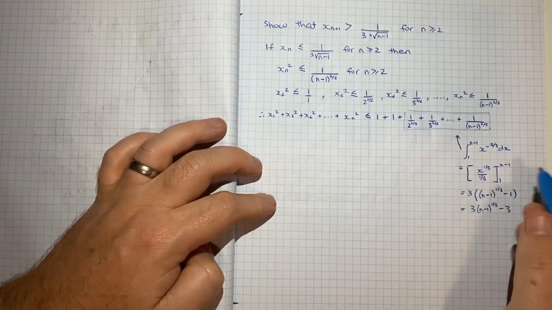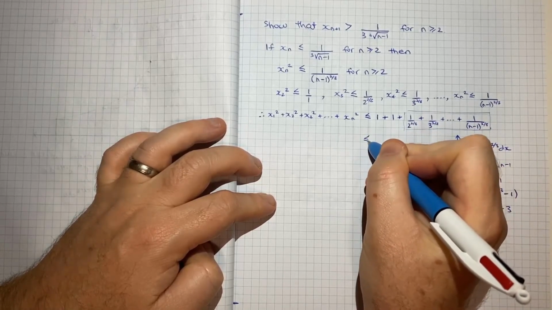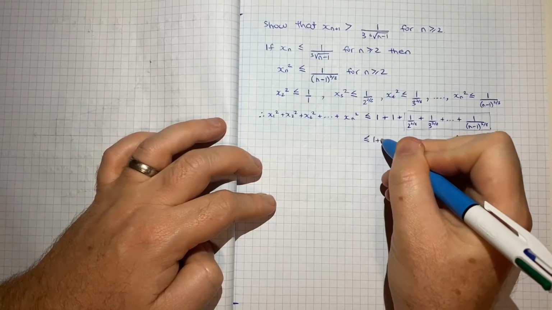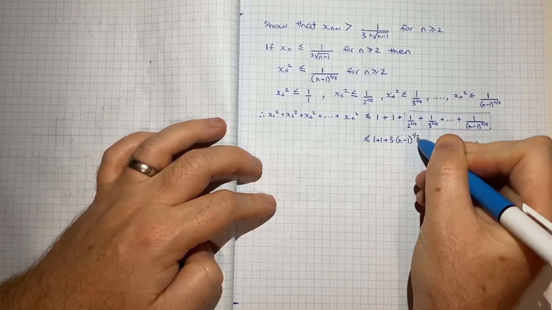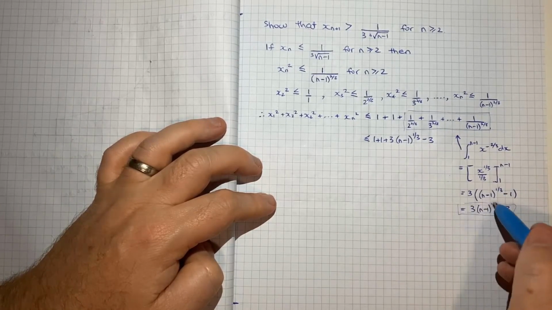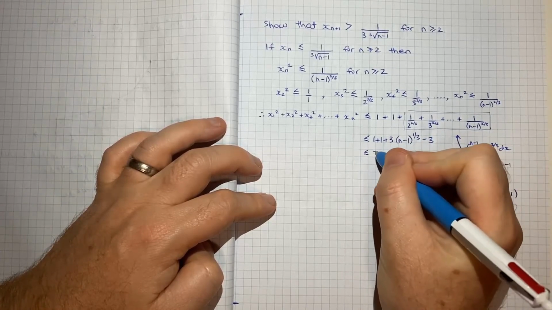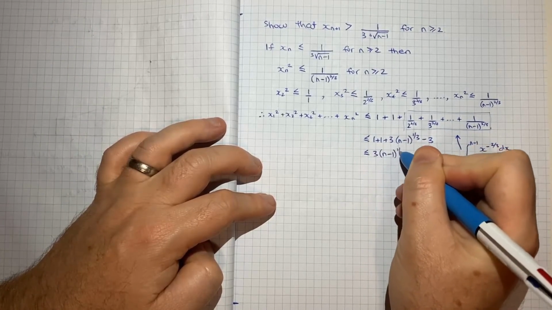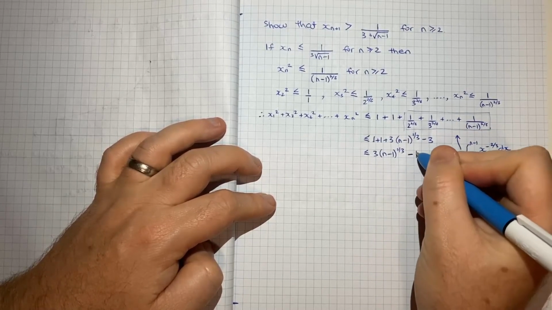So therefore we can say it's less than or equal to 1 plus 1 plus 3 n minus 1 to the third minus 3, which is less than or equal to 3 n minus 1 to the third. 1 plus 1 minus 3 is minus 1.